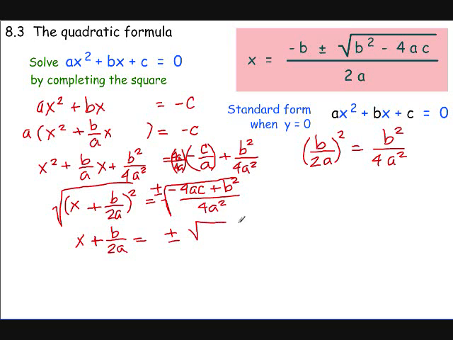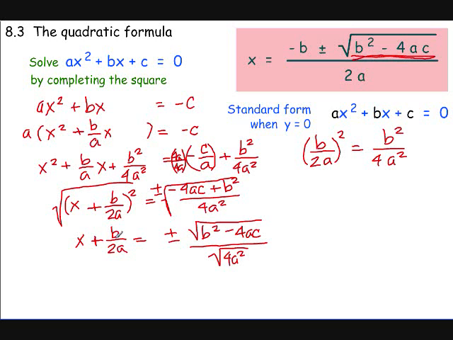I'm going to do the numerator and denominator separately, and I'm going to change the order here. B squared minus 4AC. Boy, doesn't that look familiar. That's exactly what we expect to have, right? That's our discriminant that we learned about years ago. And here I've got the square root of 4A squared.